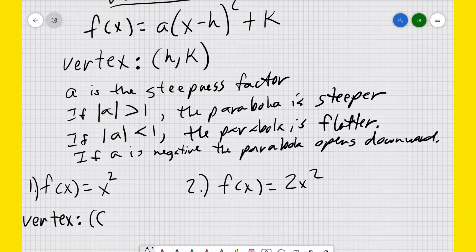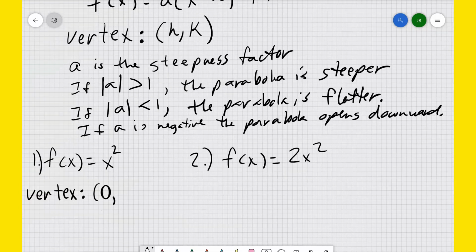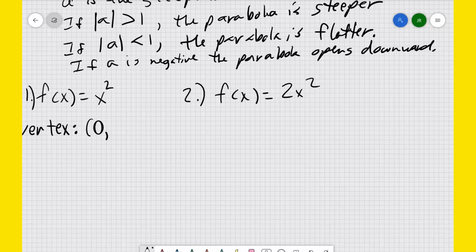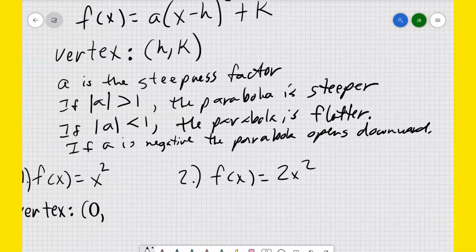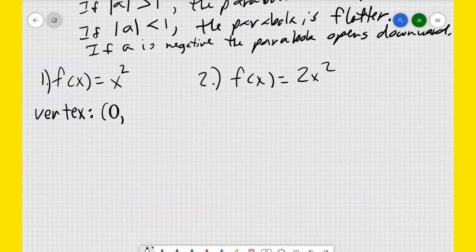Therefore, the h is understood to be 0, because adding 0 is the same thing as adding nothing. There's also nothing added after the squared exponent. In other words, k is also 0. So the vertex of that is (0, 0). This is the basic parabola. It's the parent function of the parabola, y equals x squared.